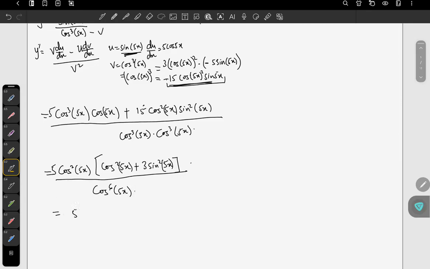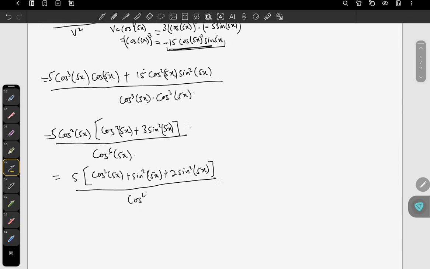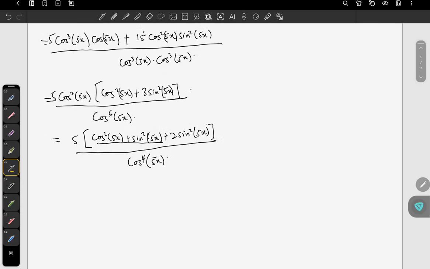So this will be 5 into bracket cos squared 5x plus sine squared 5x plus 2 sine squared 5x, all over cos raised to power 4 5x. And this guy will give us 1, Pythagorean identity. So we have 1 plus 2 sine squared 5x over cos raised to power 4 5x.